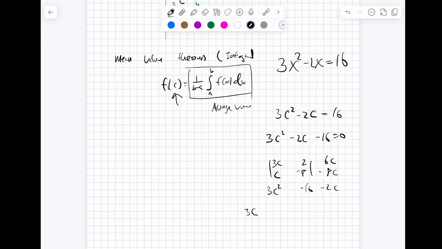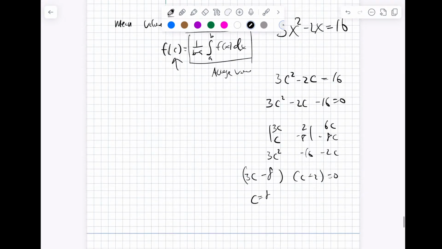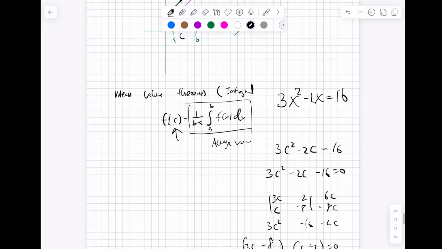So it's 3c minus 8 times c plus 2 equals 0. So c equals 8 over 3 and c equals negative 2. It's not negative 2 because negative 2 is not between 1 and 4. It's 8 over 3. At 8 over 3, it's going to give you the height of 16.